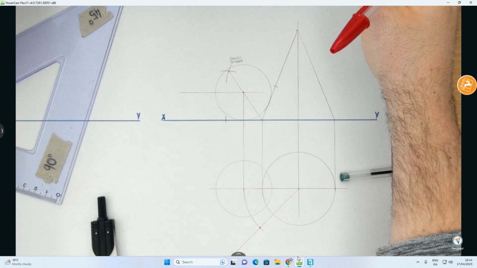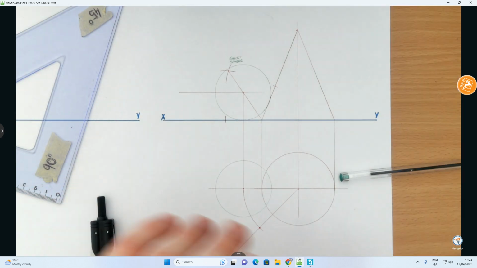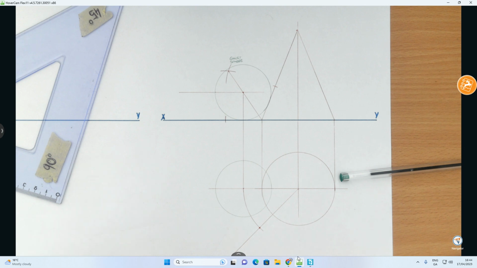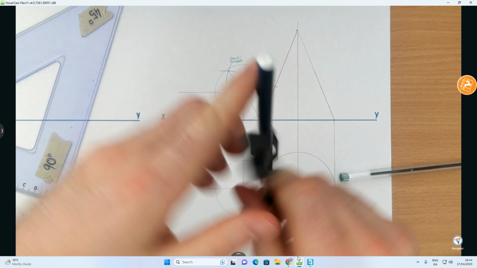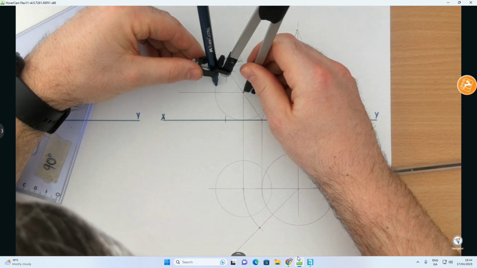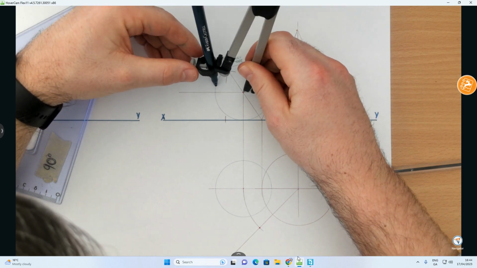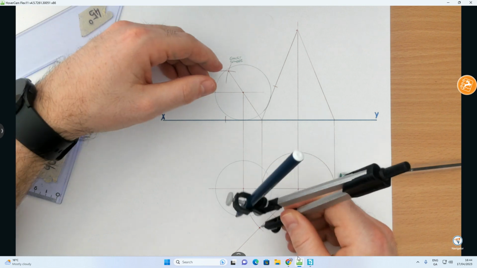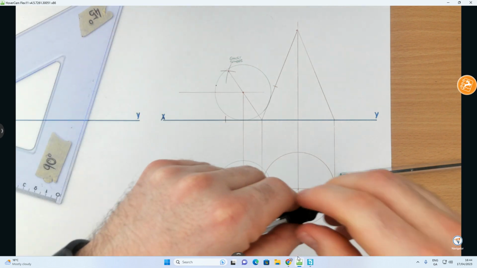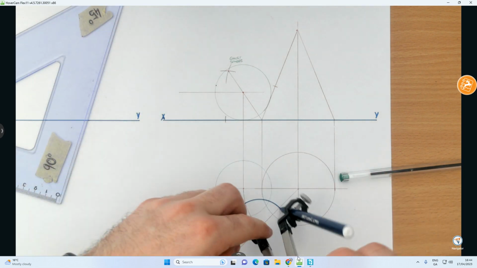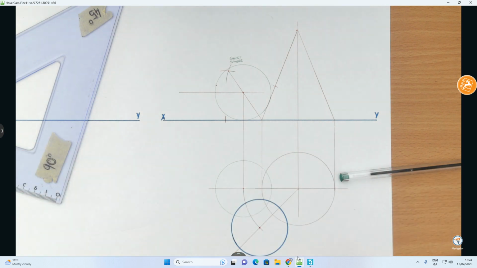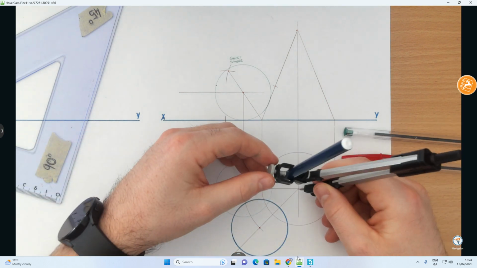Okay, let's move that slightly there. Now that I've found that, I can draw in that sphere fully. I'll take the radius which I had from up here, and mark it out there, checking that. Using the new center point I found, I'll draw in my sphere. So I've now drawn the sphere in my plan view.